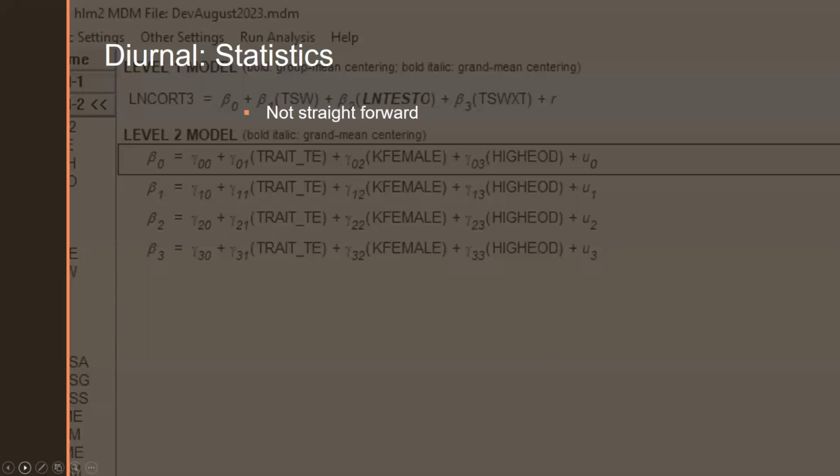So statistical considerations: when we're talking about diurnal hormones, it's not straightforward, and a lot of times you have multiple collections across many days. So what does that mean? It means that we have nested data. So typically you do want to use some type of hierarchical linear modeling whenever you're doing this.